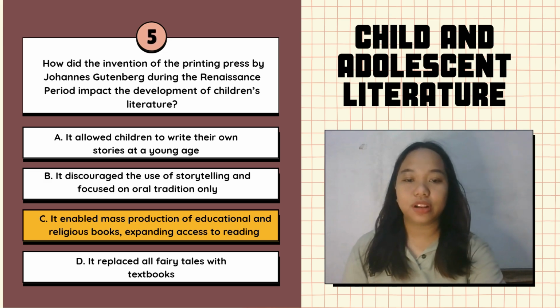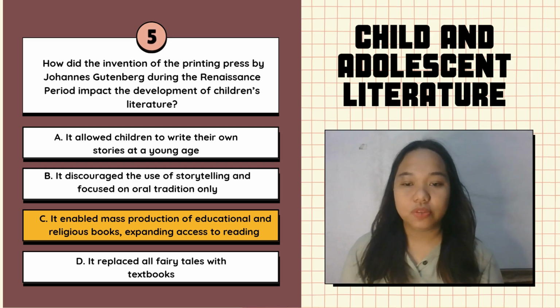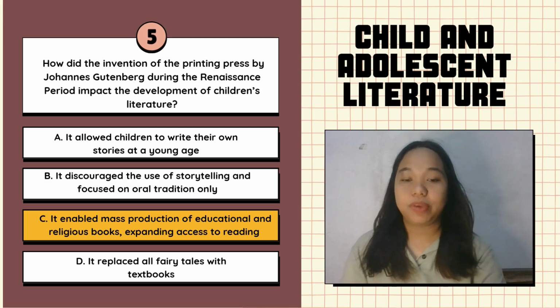This technological breakthrough allowed for the wide distribution of educational and moral texts, such as the book named The Governor and the Schoolmaster. Before this, books had to be painstakingly copied by hand.